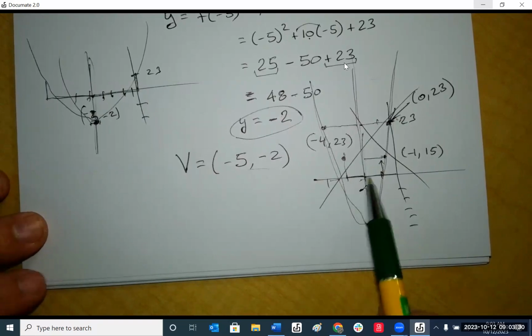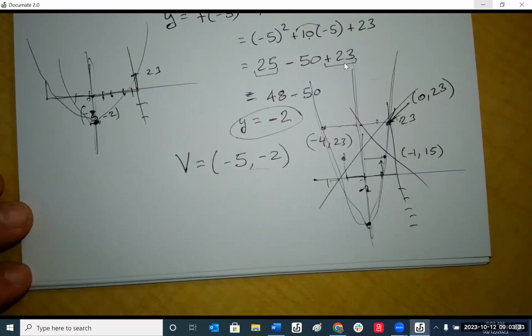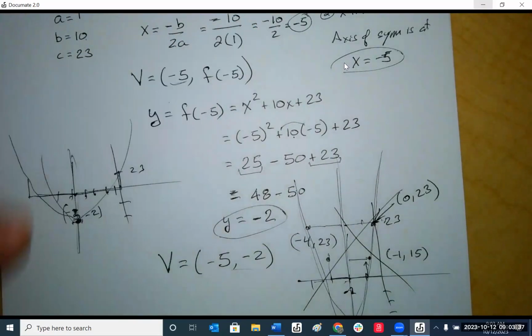Now, how do we find the x-intercepts? Well, we know we can't factor it. So let's use our first method, to complete the square.